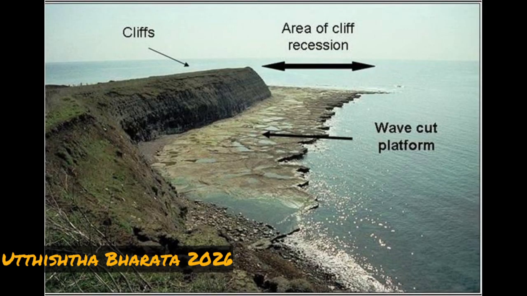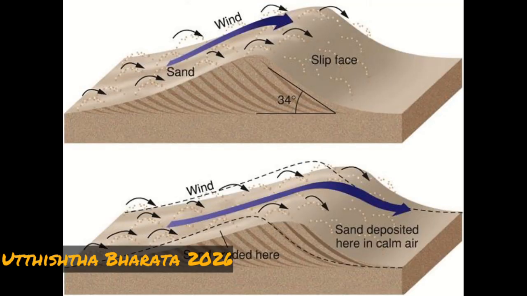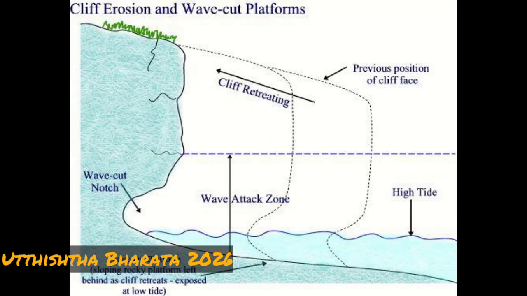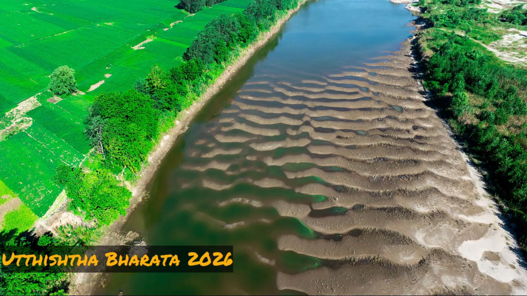A simple understanding is that a landform is a natural feature on the earth's surface. A large number of landforms can be found on the surface of the earth, and there are many methods to classify them.